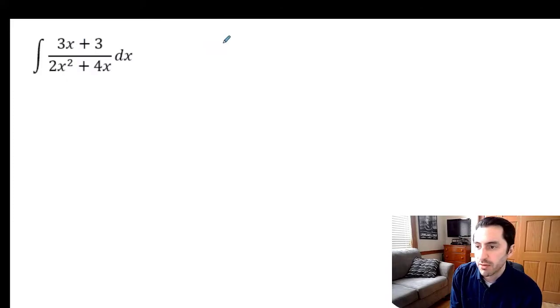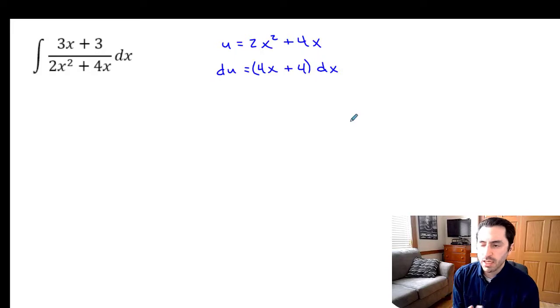So I'm going to say, let's let u equal 2x squared plus 4x. If I take the derivative of u, I'm going to end up with 4x plus 4, and that'll be times dx. Now taking a look at this, it doesn't really match up with what we have in the numerator in this fraction.